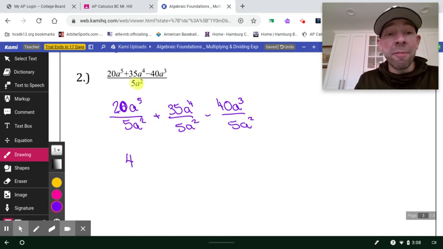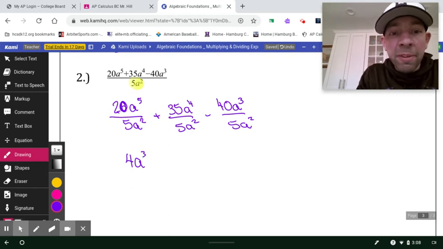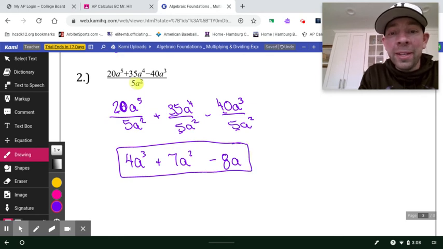So I'm actually dividing, just like it kind of implies. But when you get to those exponents, we're going to subtract to get 3. 5 minus 2 makes 3. Okay, 35 divided by 5 is 7, and then subtract those exponents to get a 2. 40 divided by 5 makes 8. Subtracting those exponents is going to give me a to the first. And there is my final answer.